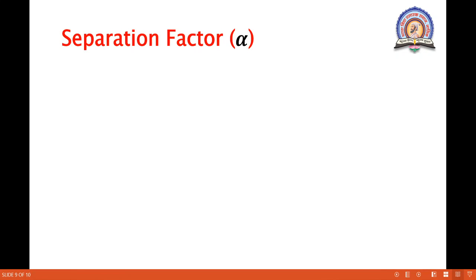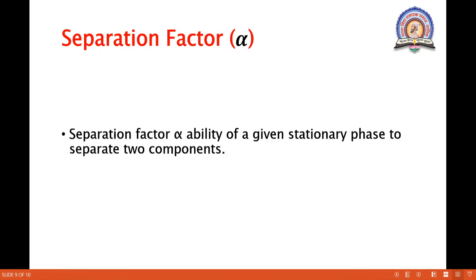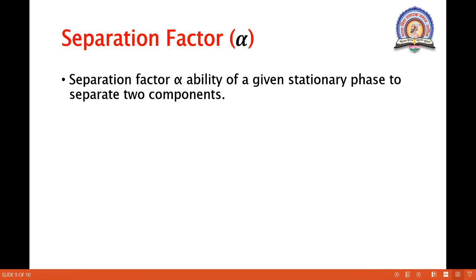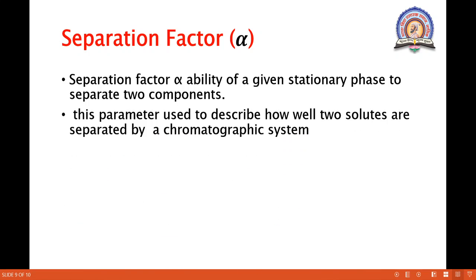Then the last factor is the separation factor, denoted by the letter alpha. The separation factor is the ability of a given stationary phase to separate two components. This parameter describes how well two solutes are separated by the chromatographic system.